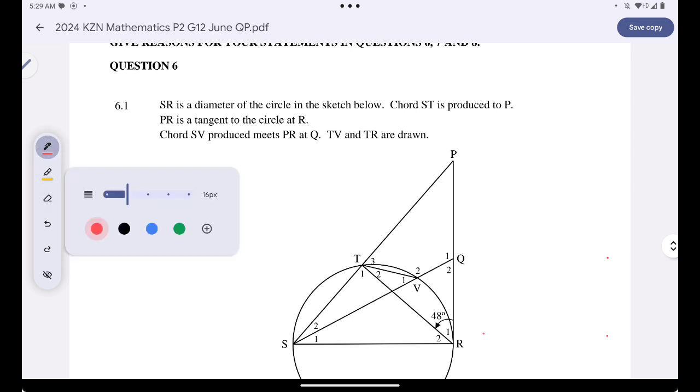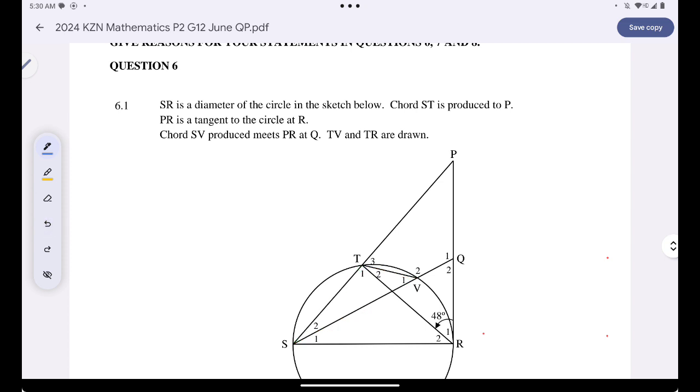Why? Because they're angles in the same segment. They are subtended by the same chord TR. TR there in green will subtend the angle V1 at the circumference, and TR will also subtend angle R2 at the circumference. So we can conclude that V1 and R2 are equal because they are both angles in the same segment.